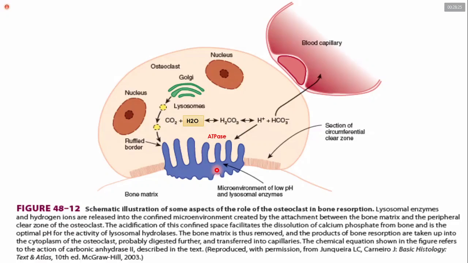So the cells are protecting themselves from this acidic condition by containing the hydrogen ions in this large vesicle structure, and this large vesicle structure is going to release these acids outside in order to destroy or to demineralize the bone in a very slow process.